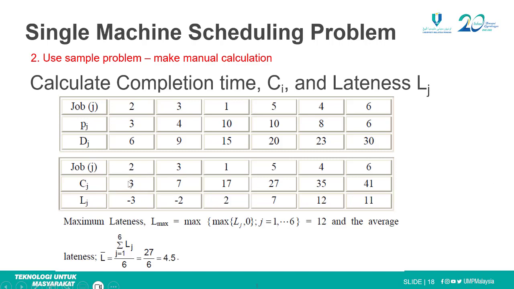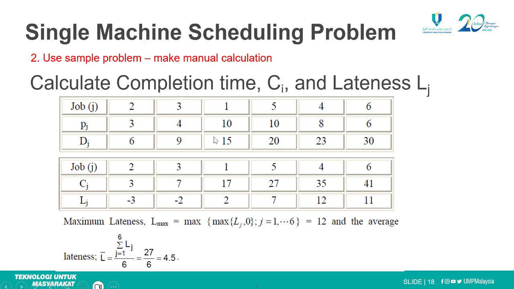Then the next job, which is job 3, requires 4 hours to be completed. So the completion time of job number 2 plus 4 is equal to 7. So job 3 is supposed to be completed at the 7th hour.